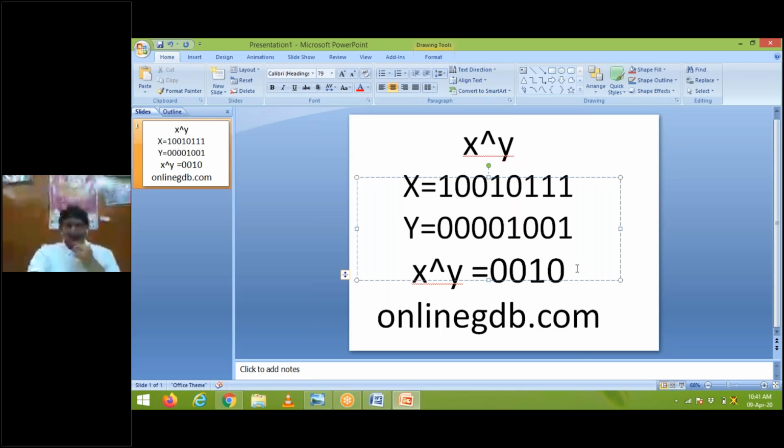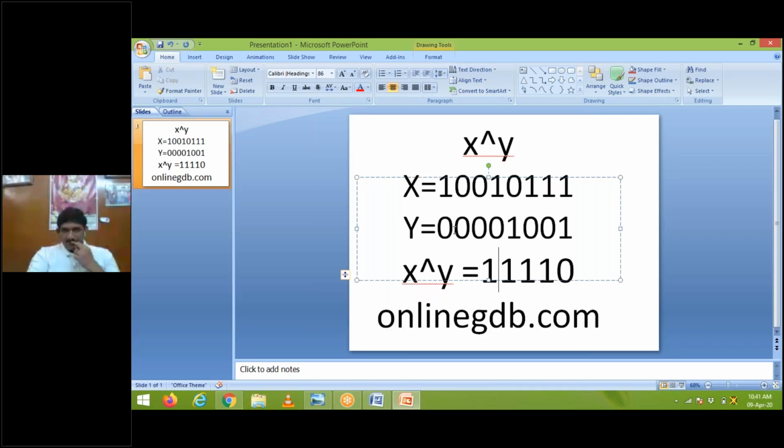Okay, now we'll solve the question x exclusive or y. The last two digits are 1 and 1. If both are 1, then it is 0. Again the next one, 1 and 0, means 1. 1 and 0 again 1. 0 and 1 is 1. 1 and 0 is 1. 0 and 0 is 0.